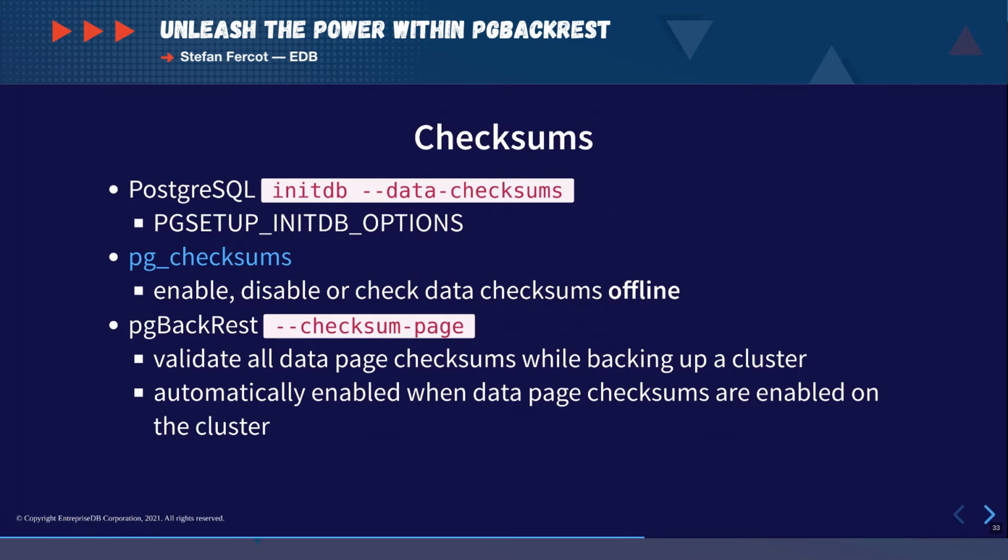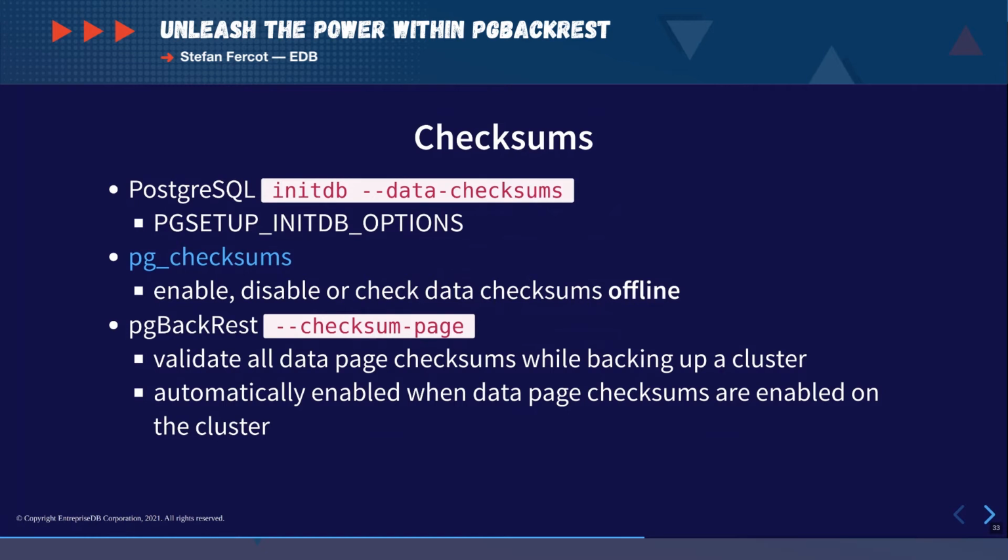But once your checksums are enabled, pgBackRest will automatically validate database checksums while it's taking the backup. We are copying data, so why not check checksums at the same time? If there is a checksum error, you will get that in the backup log.